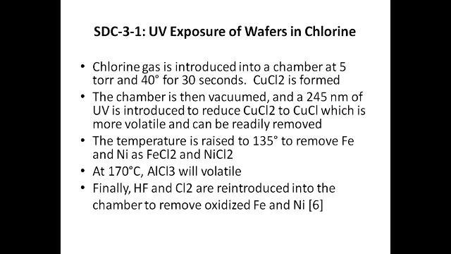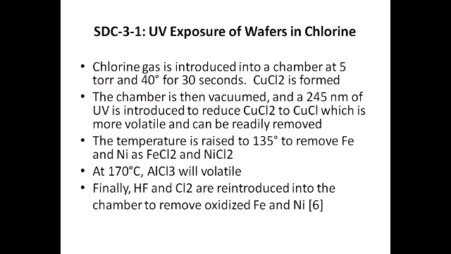Then the temperature is raised to 135 degrees to remove iron and nickel chlorides, FeCl2 and NiCl2. Those two are volatile at 135 degrees. Then the temperature is raised to 170 degrees, and aluminum chloride can be removed.